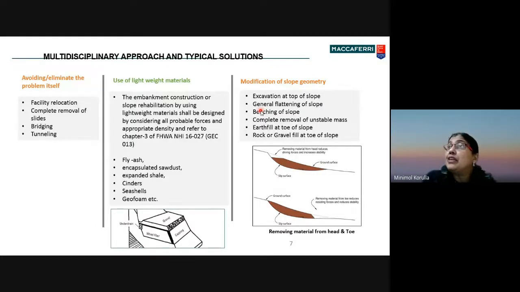But if we are excavating at the bottom portion of the slope, that will be increasing the destabilization. So excavation at the top of the slope will favor a higher factor of safety, whereas excavation at the bottom of the slope endangers the slope stability.